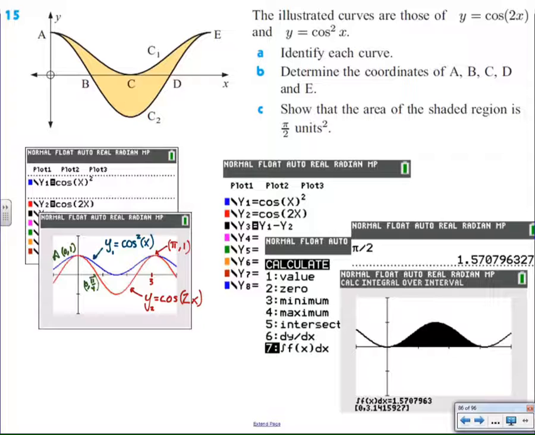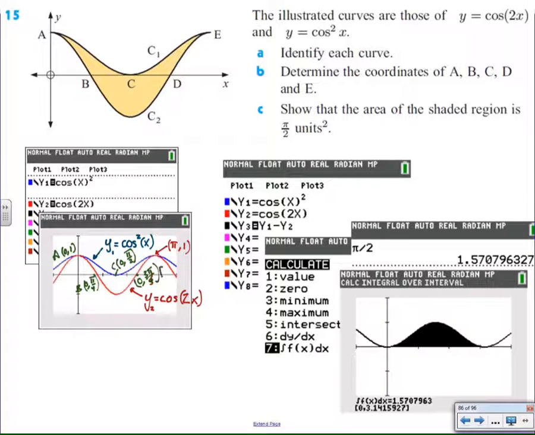Point C is here, that's B over there. C is going to be the point pi over 2, 0. Point D is the point 3 pi over 4, 0. And finally, point E is already labeled as the point pi, 1.